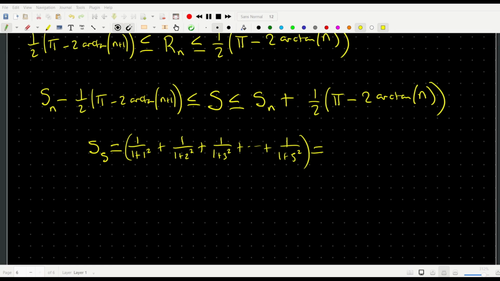Which has a value of 1,983 divided by 2,210.